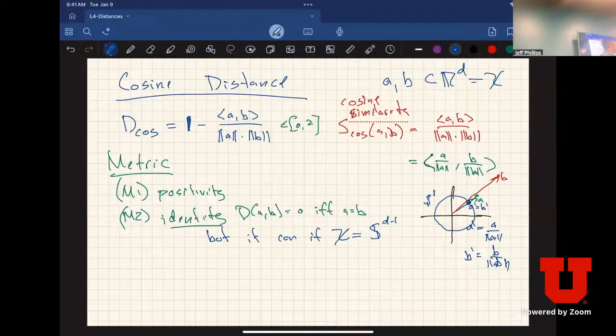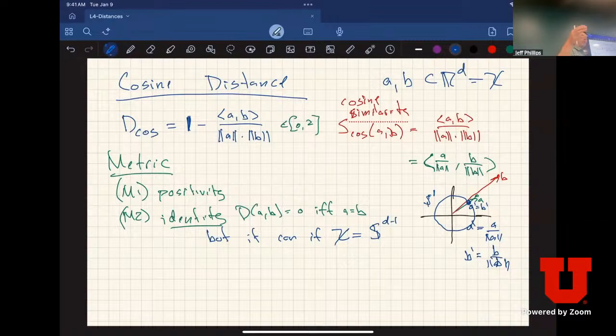This is one-dimensional because it's a line. A line is one-dimensional even though it lives in 2 dimensions. In general, these are (D minus 1)-dimensional spaces in D dimensions. And so it's not a big loss of information to remove 1 out of 300 dimensions. I still have 299 dimensions, so this is commonly done.